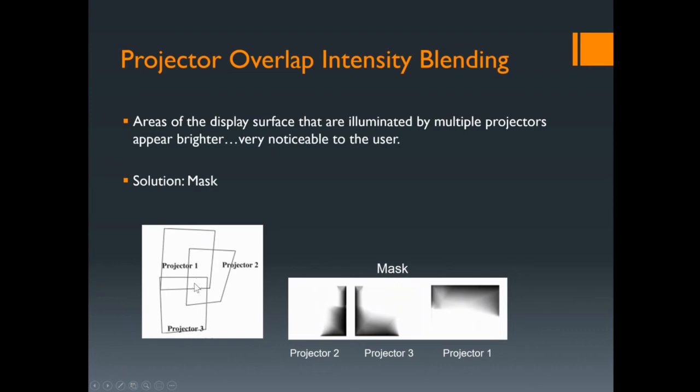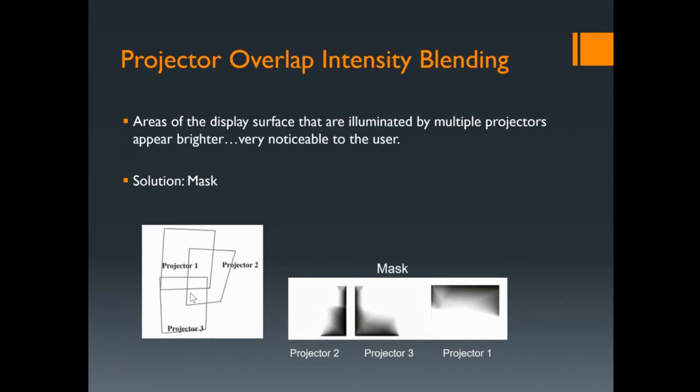Instead of full intensity, which would give you 3 times the intensity in the middle, you just divide it up. The basic concept is intensity one divided by 3, and then you have one third from each of the other 2 projectors. That helps smooth out the luminance of what is projected onto the wall.